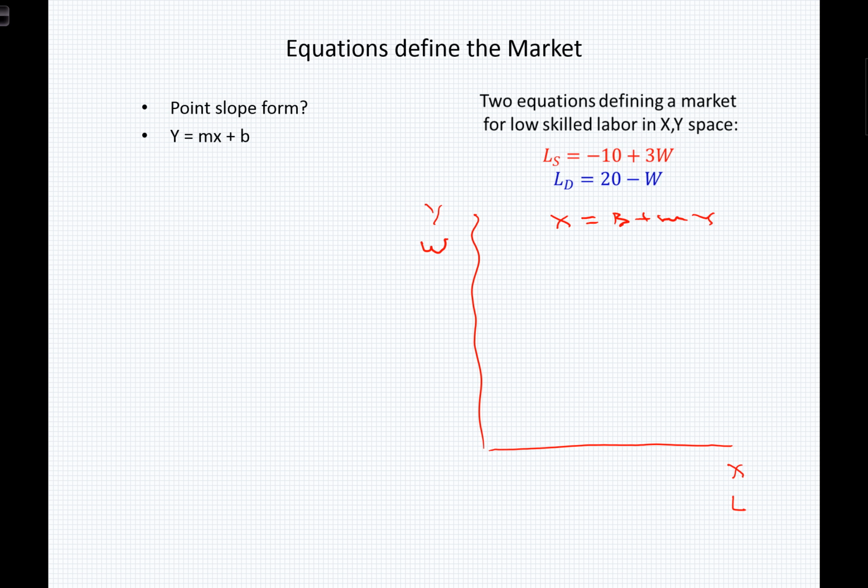Then I would have to rearrange this such that I start with labor demand equaling 20 minus W, and I'll rearrange it to say W equals 20 minus LD, which I can think about a little bit differently again as W equals negative LD plus 20, which is the same thing as y equals mx plus b.